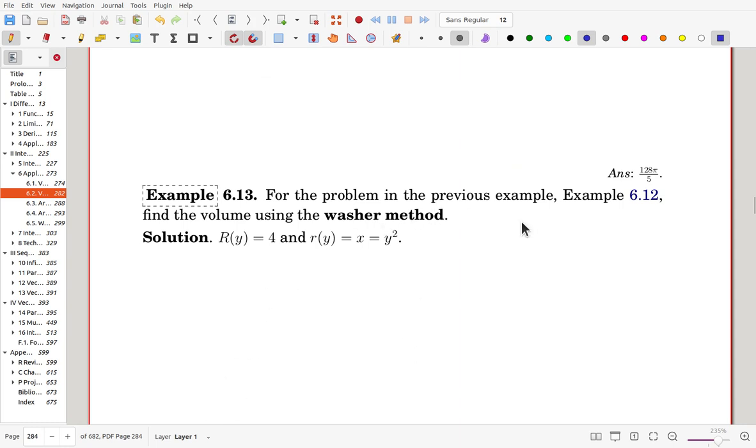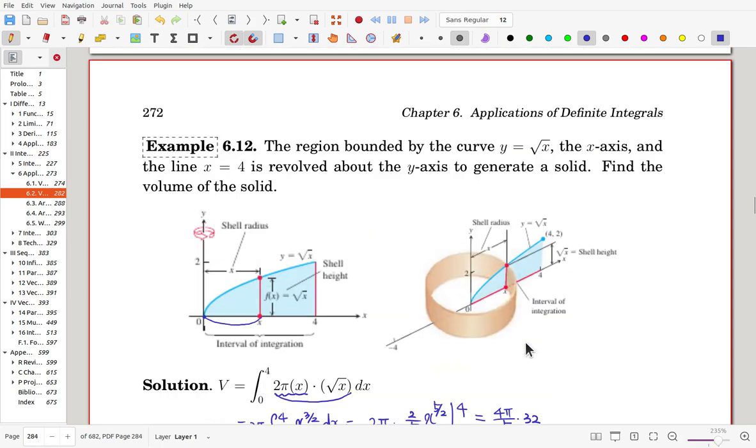For the problem in the previous example, find the volume using the washer method. Okay, let's do that. Here, I'll use a red pen. If we want to use the washer method, then we have to integrate in the y direction. When x equals 4, y is 2, so y is moving from 0 to 2.